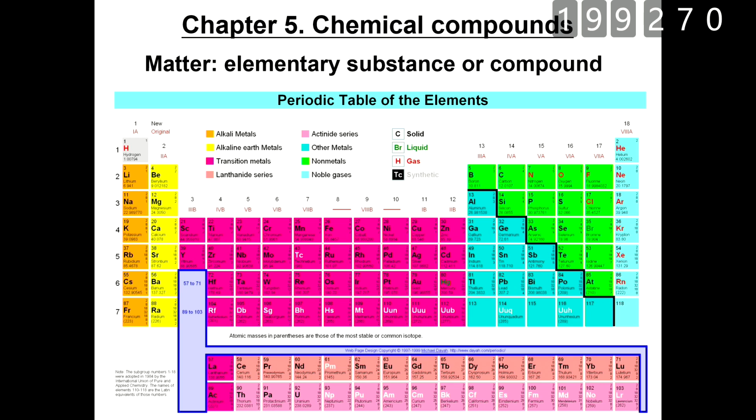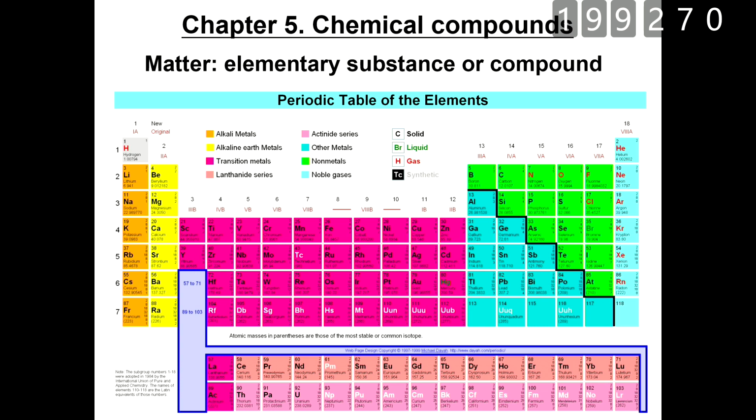Okay, so last time we introduced the periodic table, and we also introduced the atomic properties. Basically, we know that matter can be element or compound. So atomic properties is about the properties of elements.